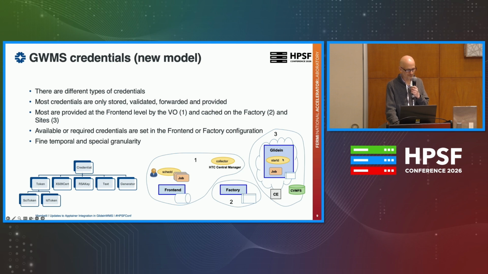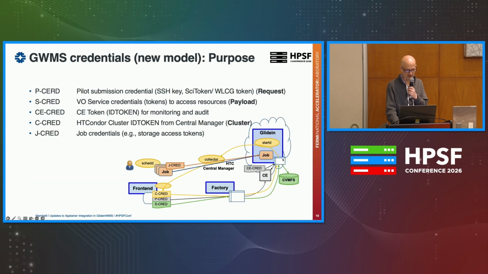Which credentials are needed for the different purposes is set in the factory and front-end configuration. And we have fine temporal and spatial granularity, to avoid problems if, for example, one site is compromised. The front end can generate specific tokens that are sent only to different sites, and can sign and specialize the credential.